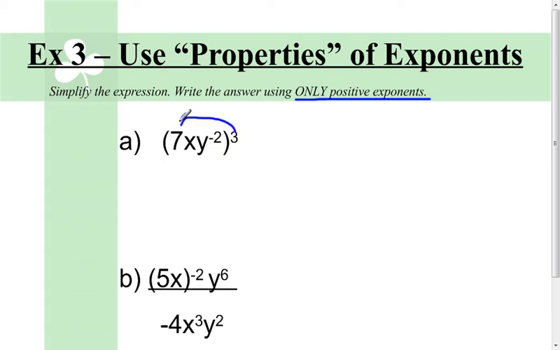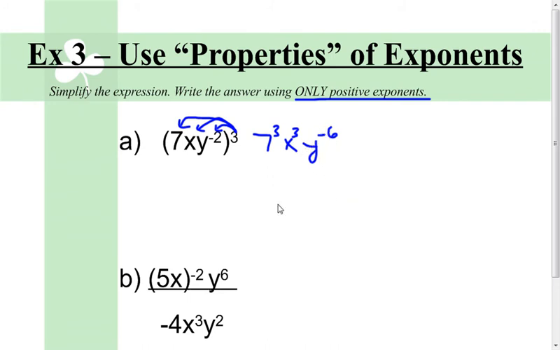So here, I've got this 3 on the outside, so I'm going to distribute the 3 to all my component parts inside. So I'm going to get 7 to the third power times x to the third power times y to the negative 6th power. Now this y to the negative 6th power, we want it with a positive exponent.